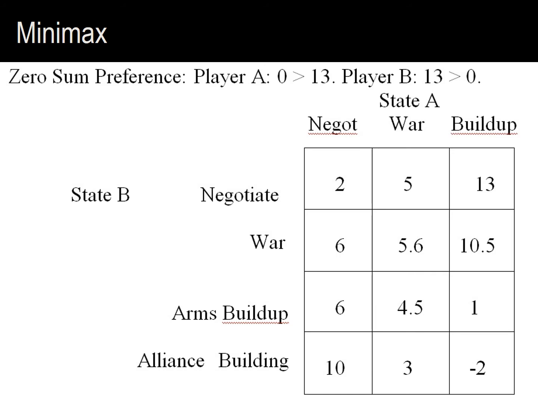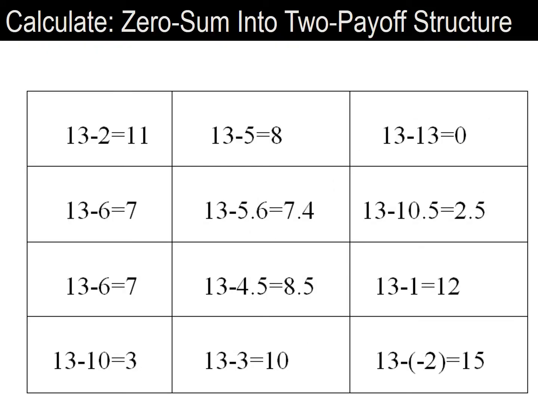So this is player A, because player A wants the smaller values. So player B's values are going to stay the same. They're going to be preserved, and we're going to just calculate the new values for player A. So here you can see we've taken the highest value, which is for player B.